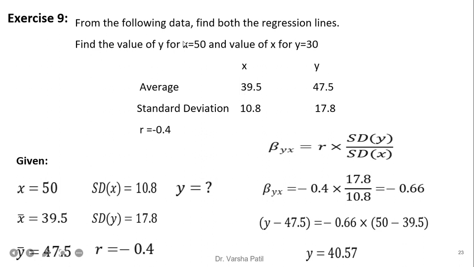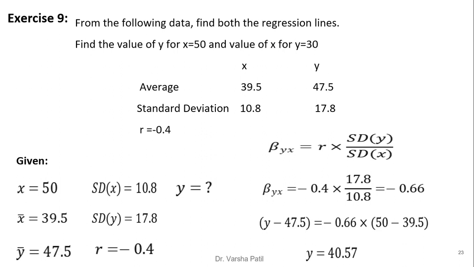For the next problem, we require to calculate byx as well as bxy, because we must find the value of y for x equal to 50. Here x is independent and y is dependent. And find the value of x for y equal to 30.